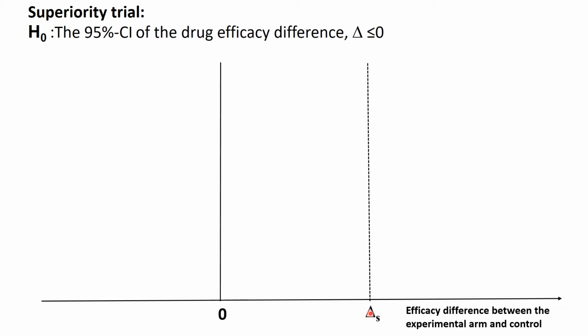In a superiority trial, the null hypothesis is that, with a confidence level of, let's say, 95%, the interval of the difference between the treatment arm and the control arm should be what? Less than or equal to 0. This is the null hypothesis.